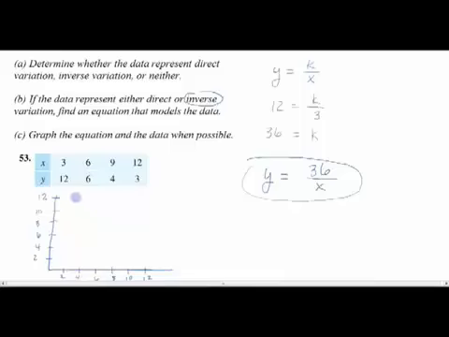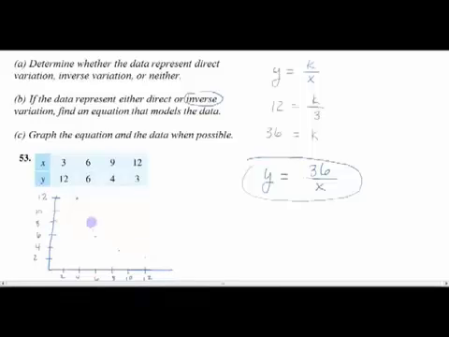We have a 3, 12, and we have a 6, 6. So far, so good. We have a 9, 4. So you can see our graph is bending now. It's not going to be a straight line. 12, 3.